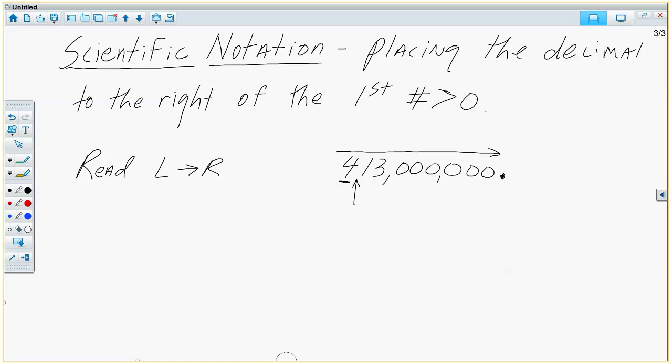So here we go. 1, 2, 3, 4, 5, 6, 7, 8. So I rewrite it as 4.13 times 10 to the blank 8.